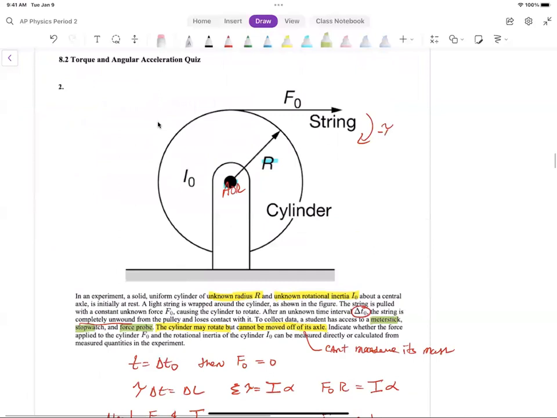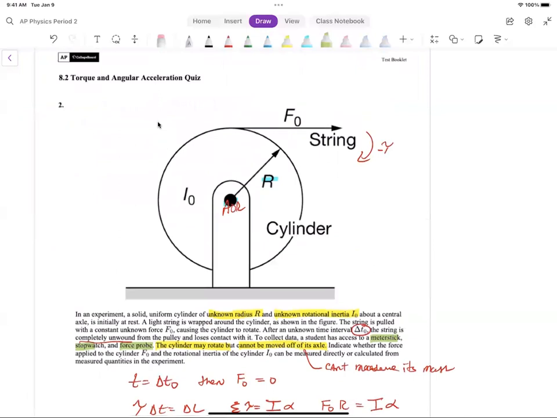So number 2, I have a situation where I have a disc sitting on an axis, a rod that runs through it perpendicular to the paper. We have an unknown radius and an unknown moment of inertia, or rotational inertia. Let's see, what are they asking here?